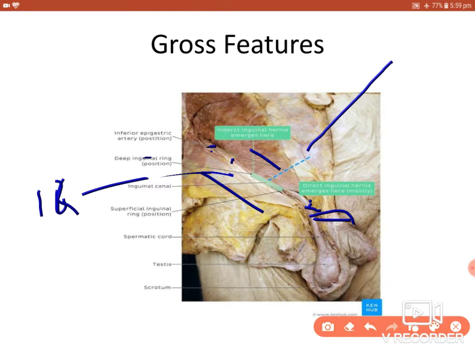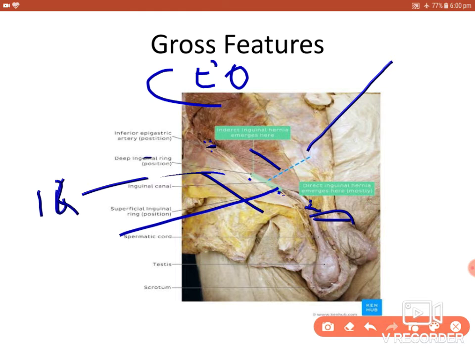It is a triangular opening in the aponeurosis of the external oblique muscle. The inguinal ligament is attached from the anterior superior iliac spine to the pubic tubercle. Its midpoint is the mid-inguinal point.